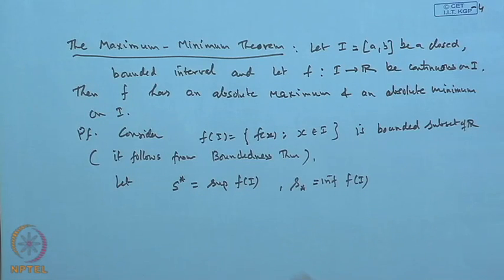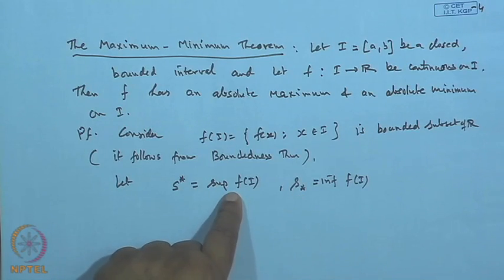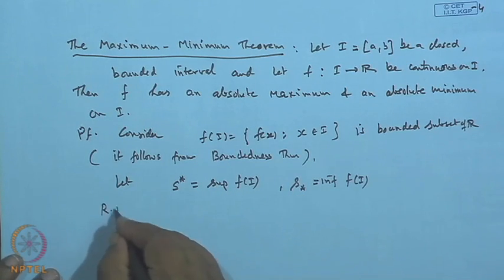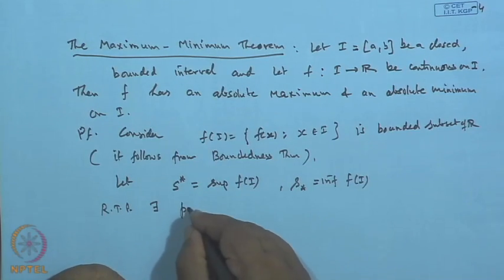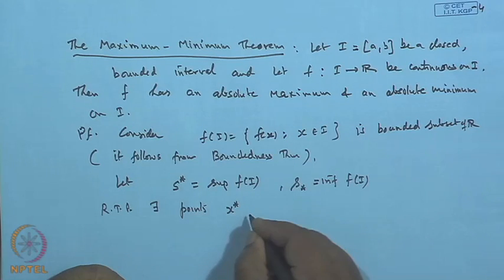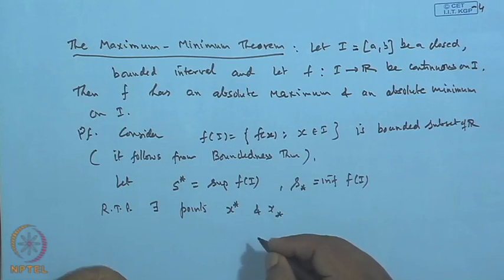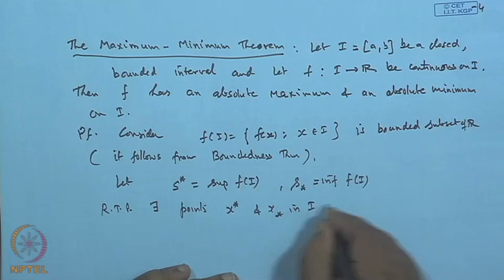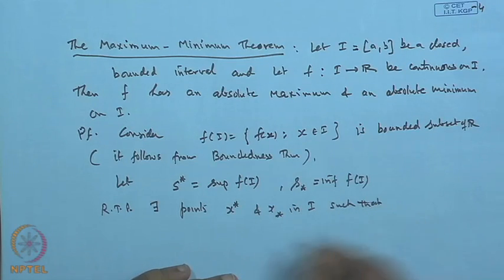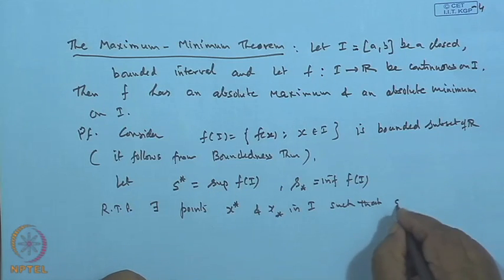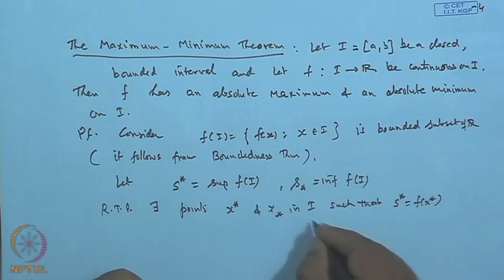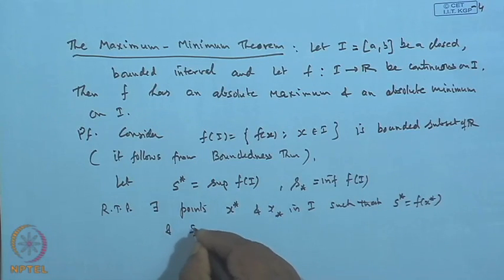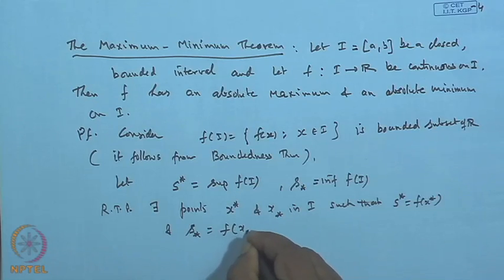Now, this S star and S lower star exist. What we are required to prove is that there exist points x upper star and x lower star in I such that S star coincides with f of x star and S lower star coincides with f of x lower star.